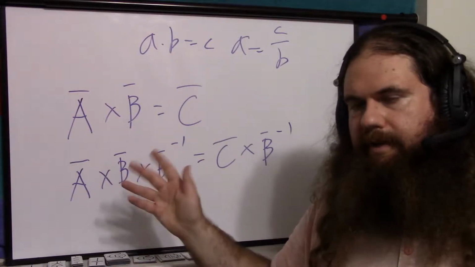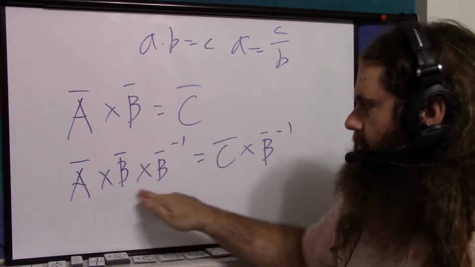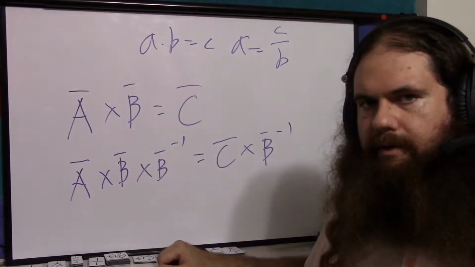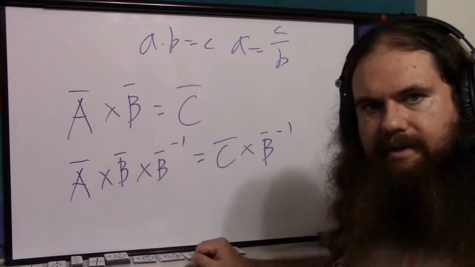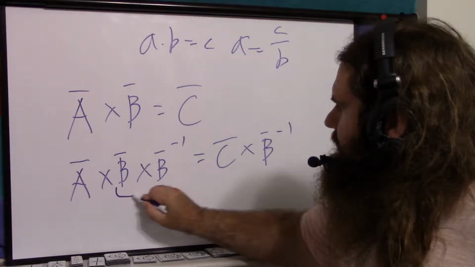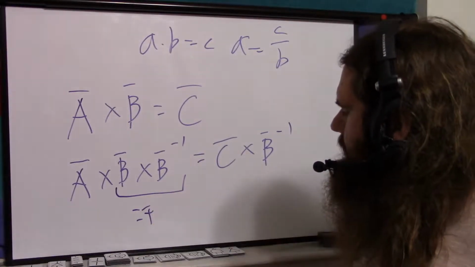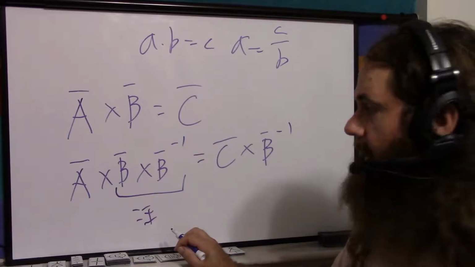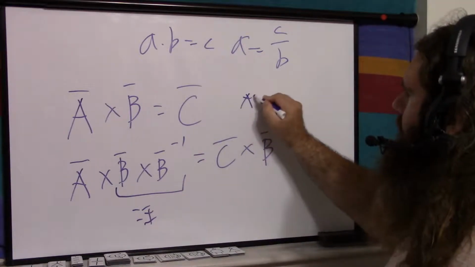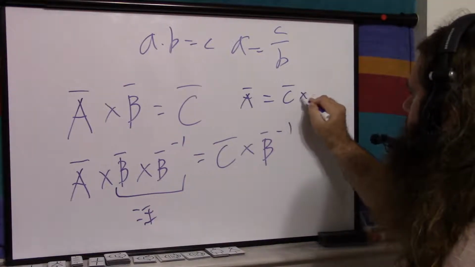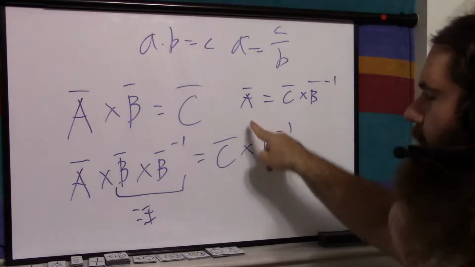I told you you can't flip these around. You can't just reorder them. So you basically have to tack on to the end. But we know that this equals identity, and A times identity is A. So now we have A equals C times B inverse. So now we know what A is.